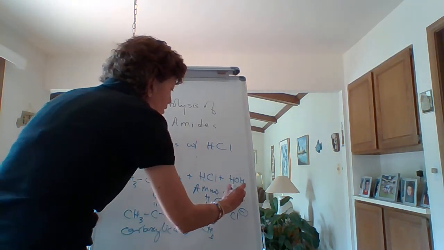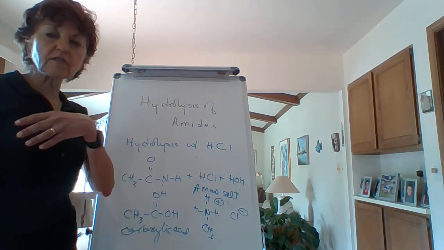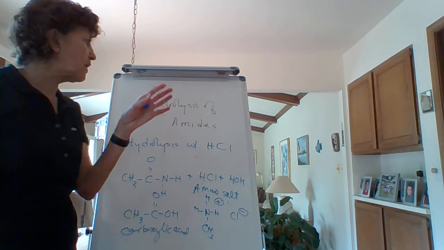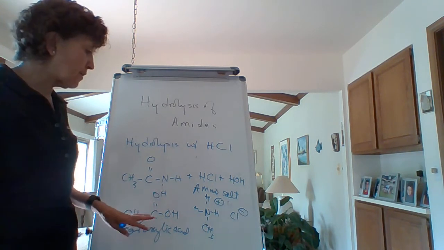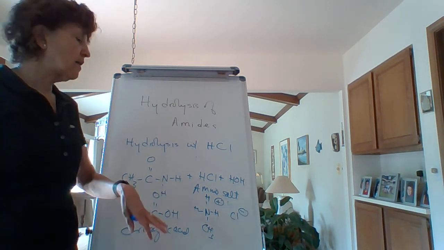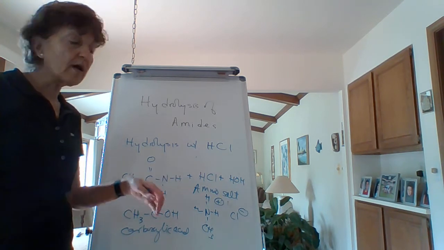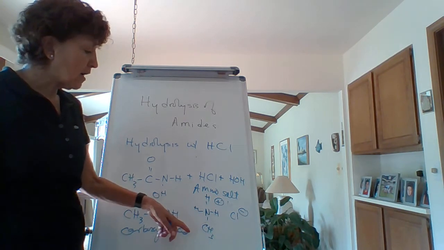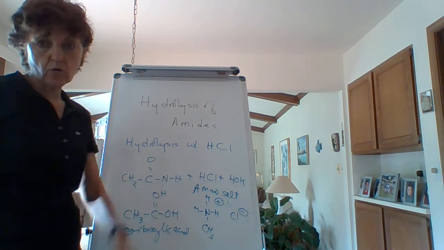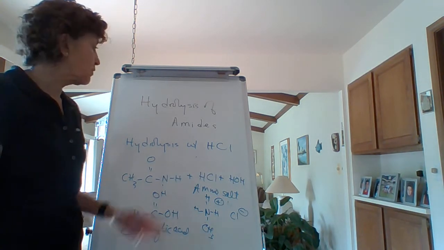So what you should know is that just regular hydrolysis of an amide with HCl will give you a carboxylic acid and either a salt, ammonium chloride or whatever, or an amine salt. So this would be methyl ammonium chloride. Okay, that's with HCl.